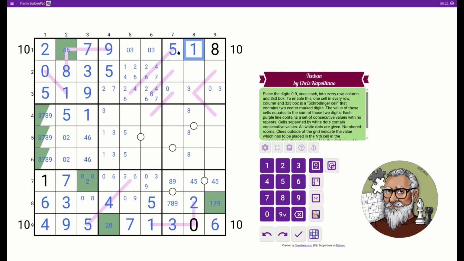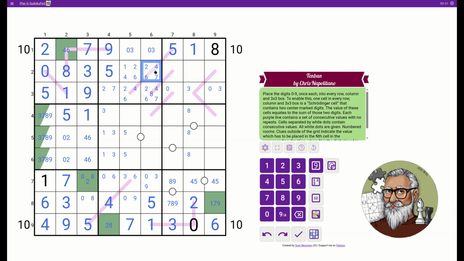Right, this is the other way around though. This doesn't help me, does it? Because it doesn't eliminate anything. Sure, but now I know that this is 5. I can have 2, 4, but I do need the 7 then, don't I? How would it work otherwise? Well, I do have 6, 7 in some capacity.